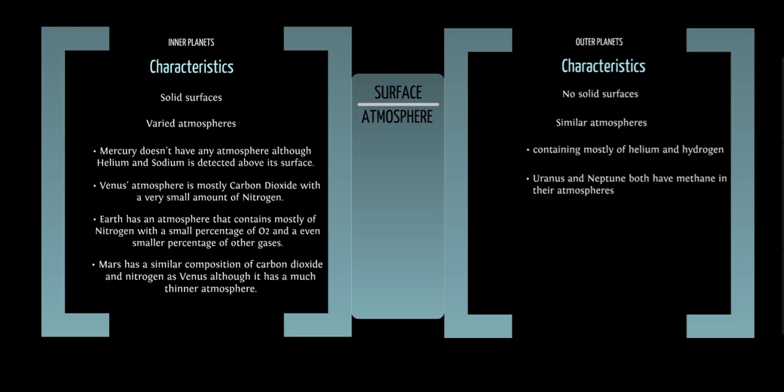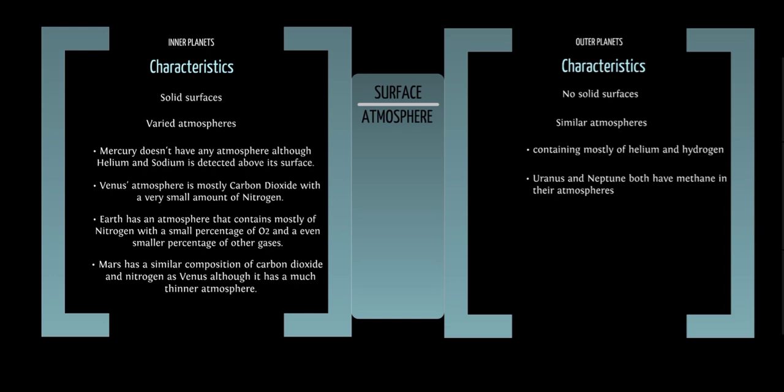Venus' atmosphere is mostly carbon dioxide with a very small amount of nitrogen. Earth has an atmosphere that contains mostly nitrogen with a small percentage of oxygen and an even smaller percentage of other gases. Mars has a similar composition of carbon dioxide and nitrogen as Venus, although it has a much thinner atmosphere.